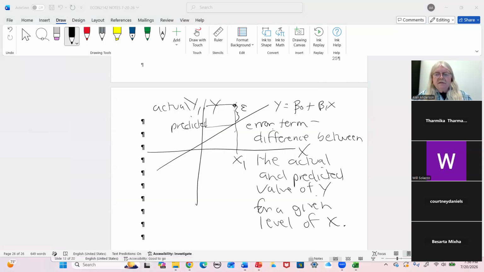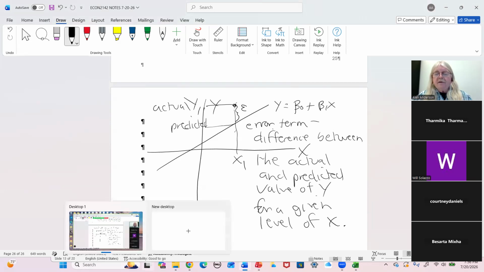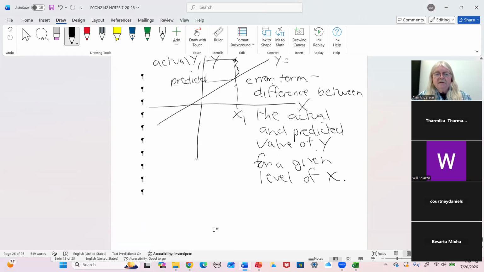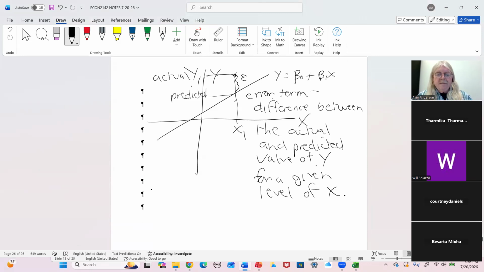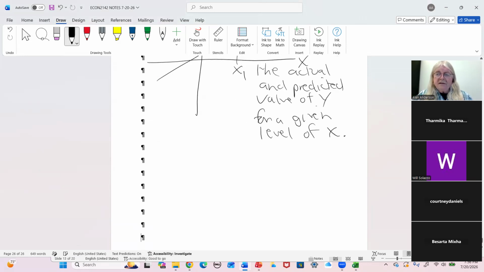All right, anyway, error term simply means the actual value of y for a given x.